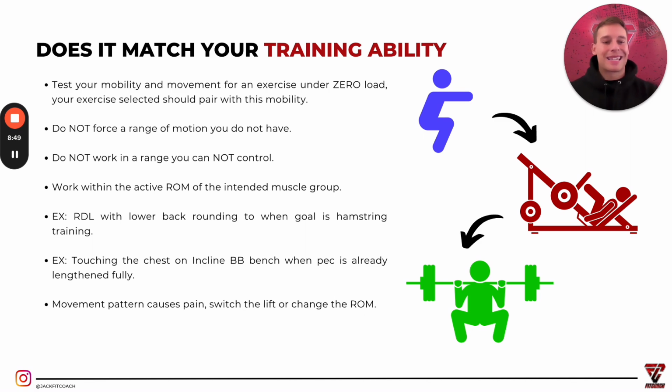Similarly, when executing an incline barbell bench press, we want to ensure that the bar touches the chest only when the pectoral muscles are fully lengthened. Now, for some of you, you may not be able to touch your chest at all, and that's what we would refer to as your active range of motion. Therefore, we avoid excessive strain on the shoulders or the chest.